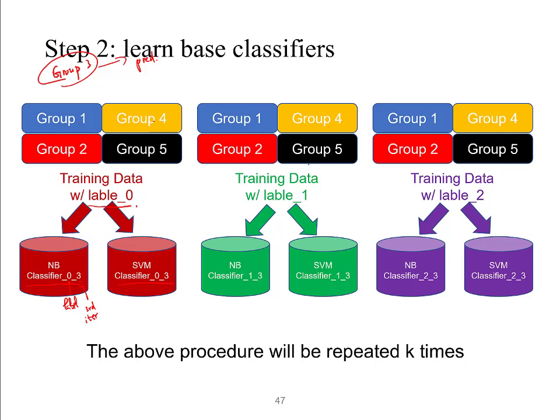And we do the same for training data with label 1 and training data with label 2. The input for these classifiers is the label and the features that we have generated.